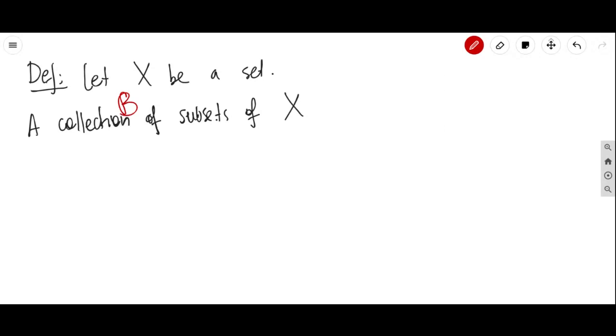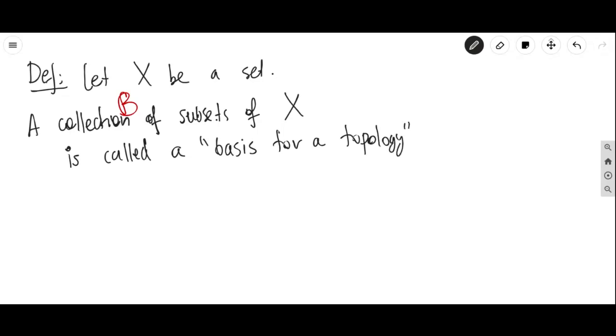When we talk about a topology, we call it script T, a collection of subsets of X, those are all of the open subsets. But a basis is going to be a smaller collection of sets. So a collection, let's call it script B, of subsets of X is called a basis for a topology when the following properties are satisfied.